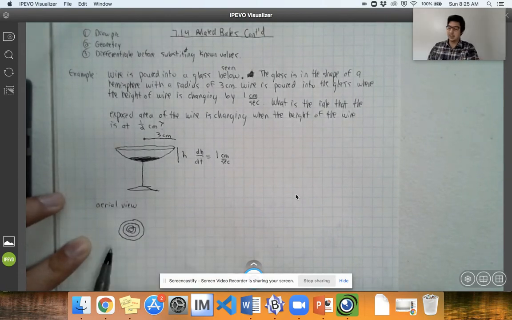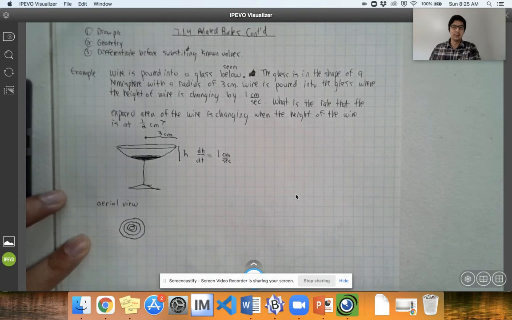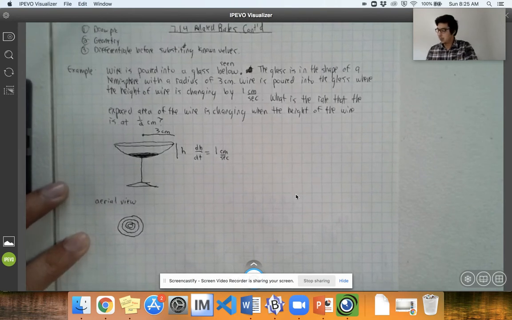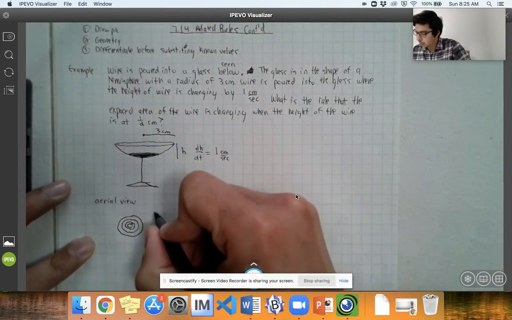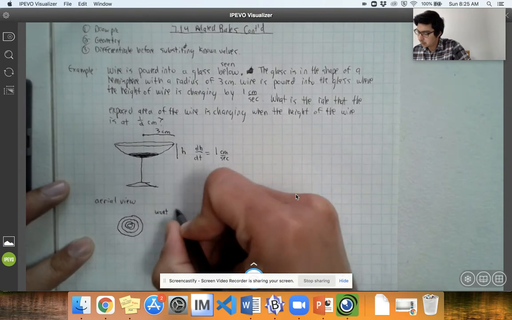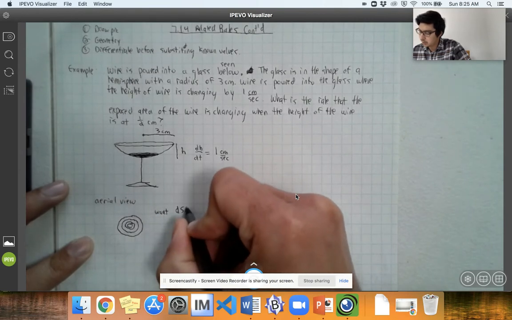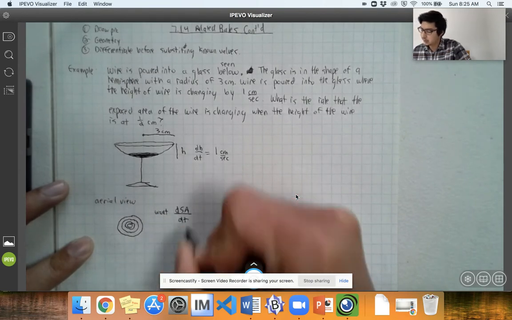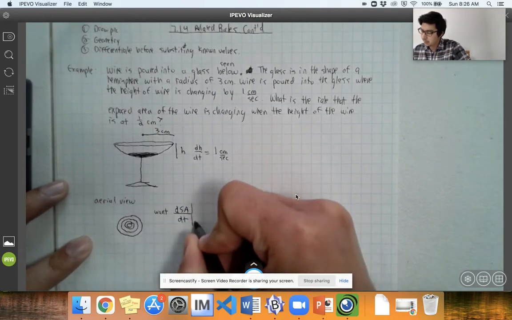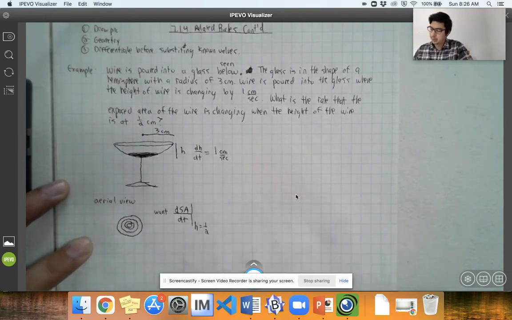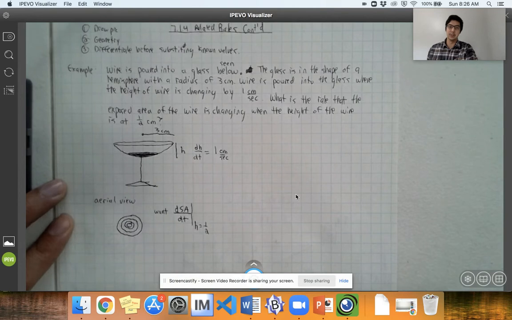So what we want to study is how that is changing over time. So what we're looking for here is the rate at which the surface area is changing in relation to time when the height is equal to a half. So that's what we're going to try to solve in this problem.